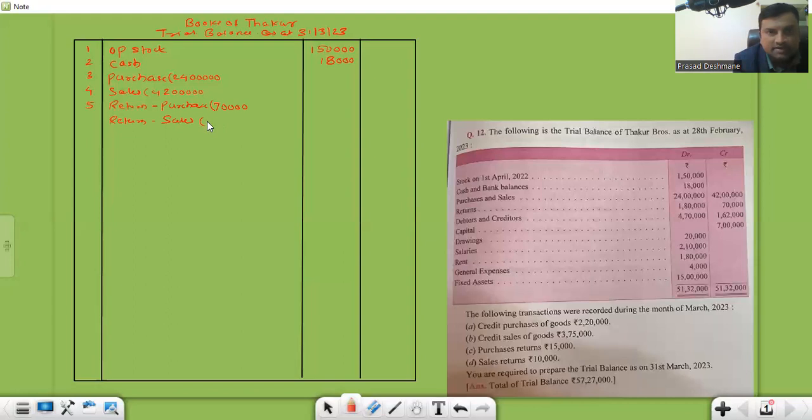And the debit one is a sales return. Then after that, we have debtors and creditors. So the debit one is the debtors balance, 4,70,000. Creditors is 162.